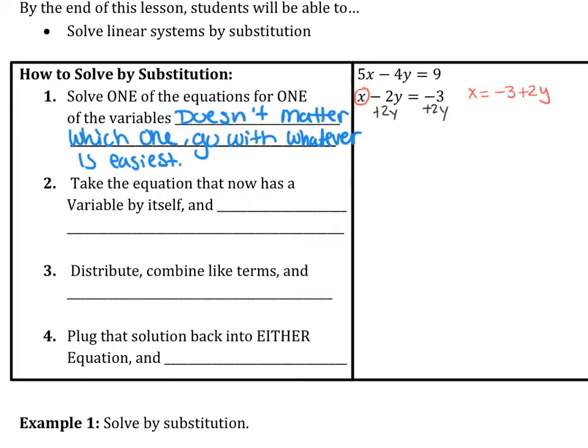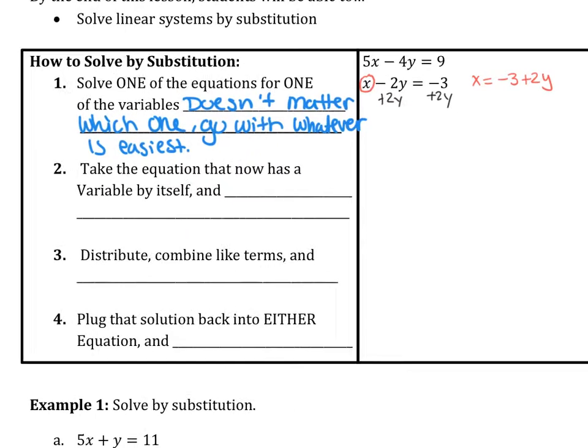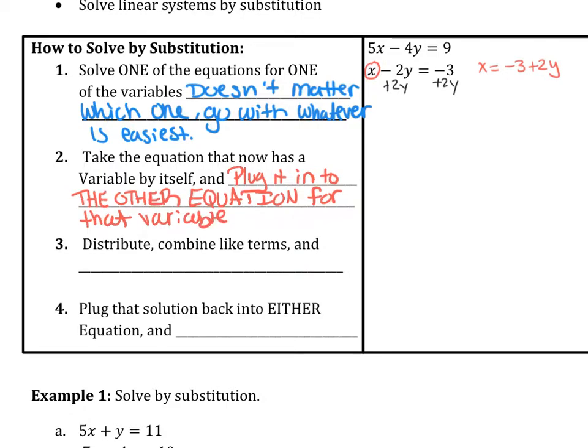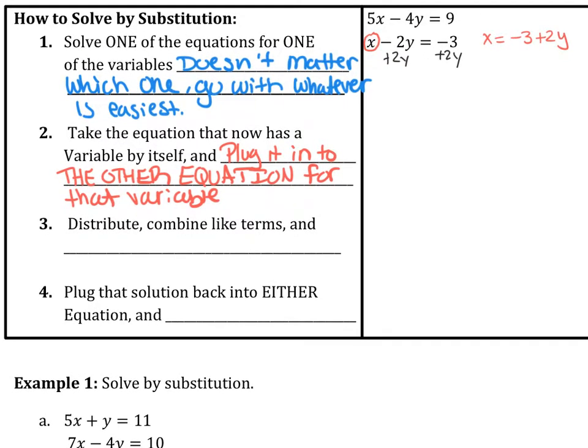Okay, so now you're going to take that equation that now has a variable by itself, and you are going to plug it in to the other equation for that variable. Then it's just going to become a distributing, combining like terms, simplifying problem from there.